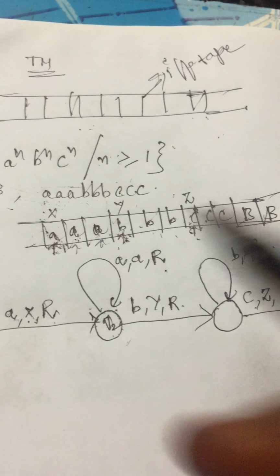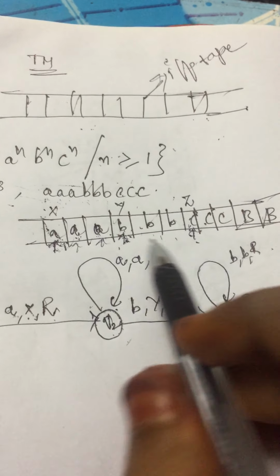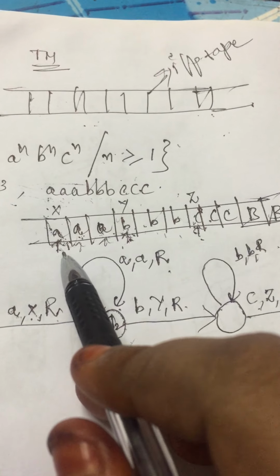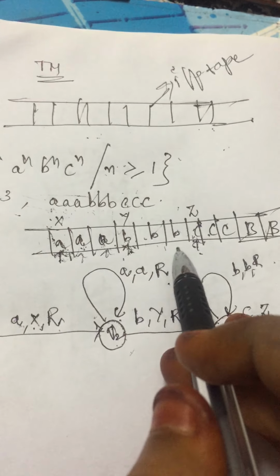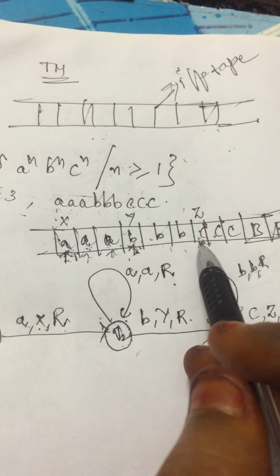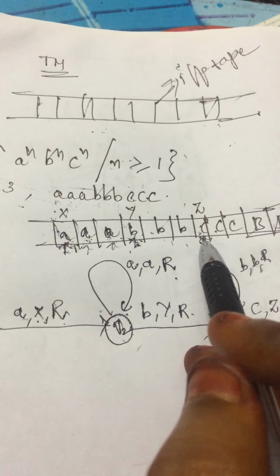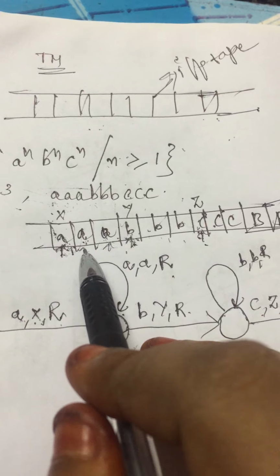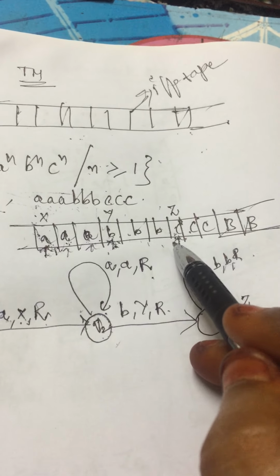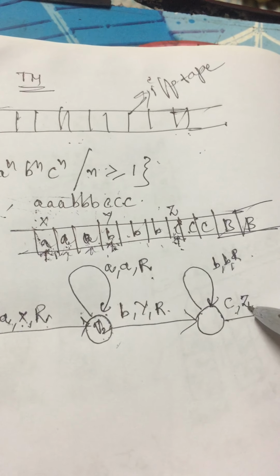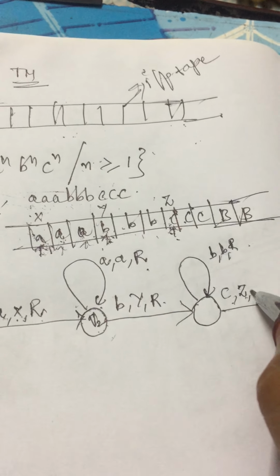We have to move to the left direction in order to process the second A. So we have to move to the left direction from this C in order to process the second A. So the C will be converted to Z and move to the left direction.